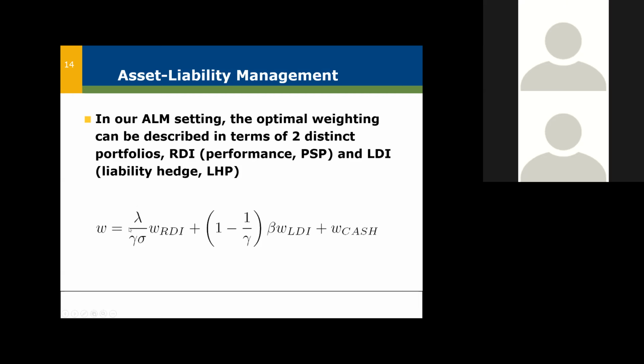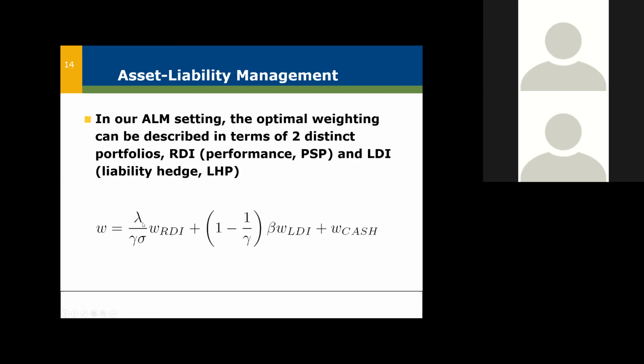Their notation is that lambda is the Sharpe ratio, and this is the volatility, so the Sharpe ratio and the volatility of the maximum Sharpe ratio portfolio. If you recall from the very first lecture, we derived the optimal leverage. That's exactly this quantity, the Sharpe ratio divided by the volatility.